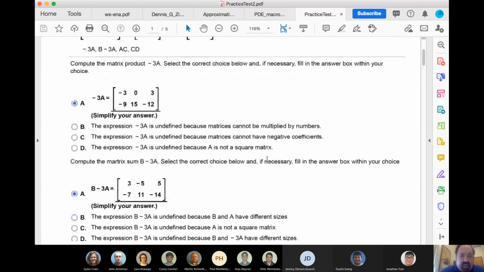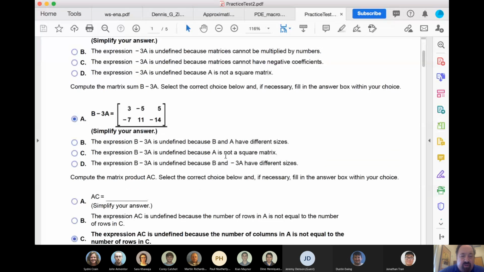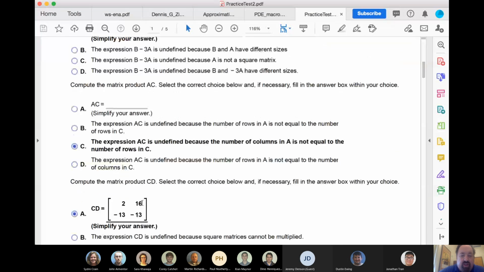Whereas to get the entry in row 1, column 2, you're working with the first row of C and the second column of D. So you have 1 times 6 is 6, plus 2 times 5 is 10. So you get 6 plus 10 is 16 as the entry in row 1, column 2.